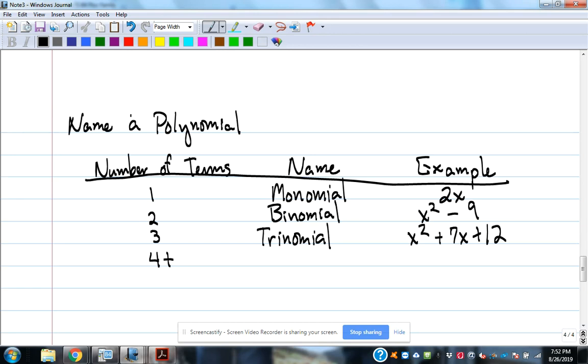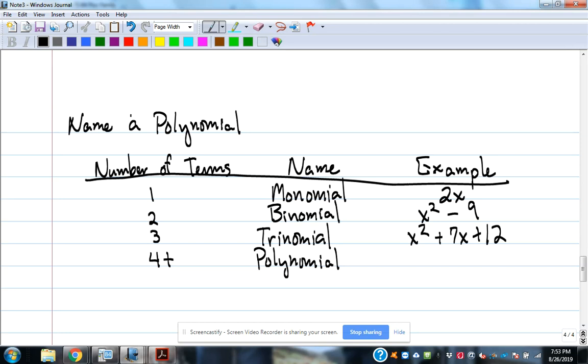Anything that has 4 terms or more, we're just going to call it a polynomial. We're not going to continue the pattern here. They used to call them quadrinomials and quintinomials and all that stuff, but that died out pretty quick because that was just too much. So anything with 4 plus terms, we're just going to call it a polynomial.